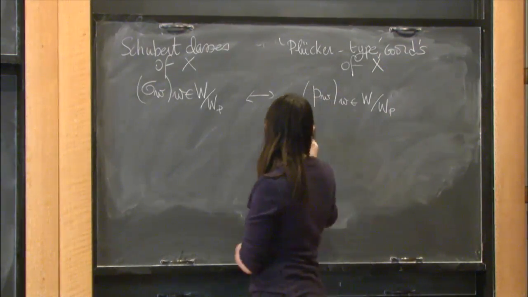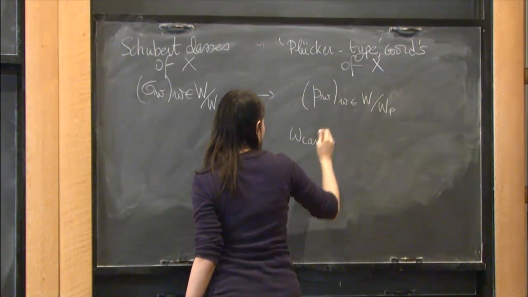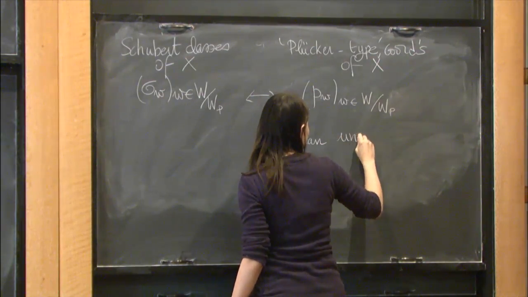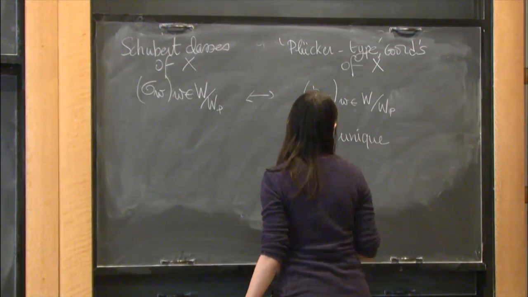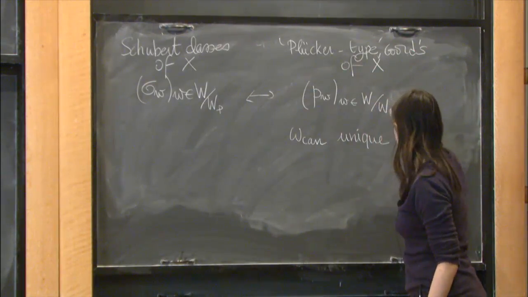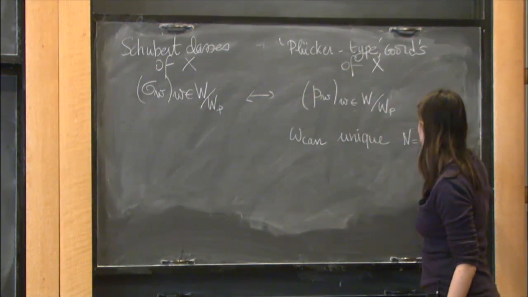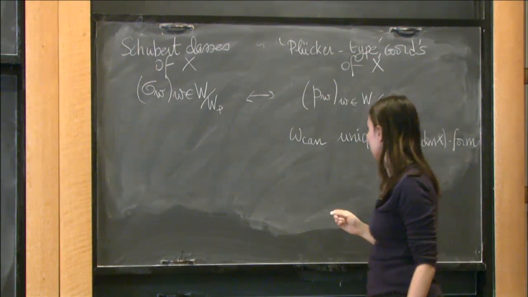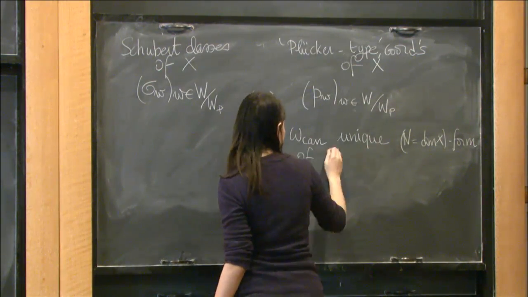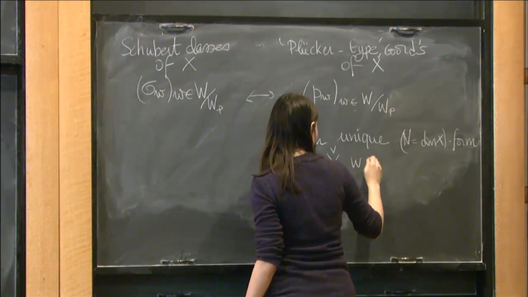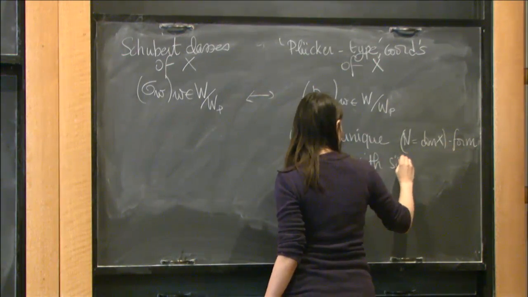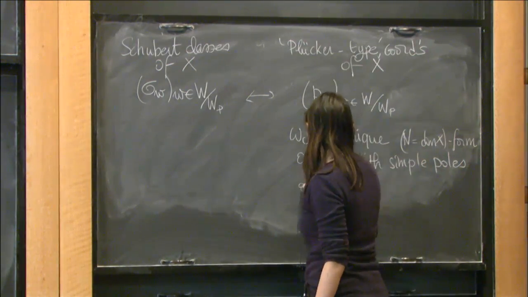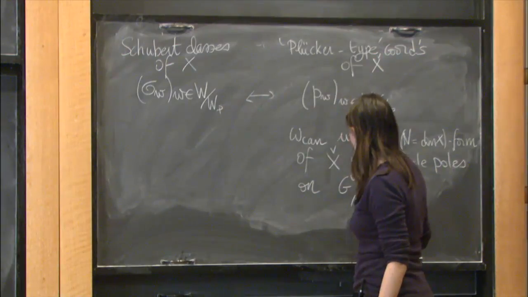And I have a canonical, well, unique n-form, where n equals the dimension of X, on the open Richardson variety with simple poles on the boundary.